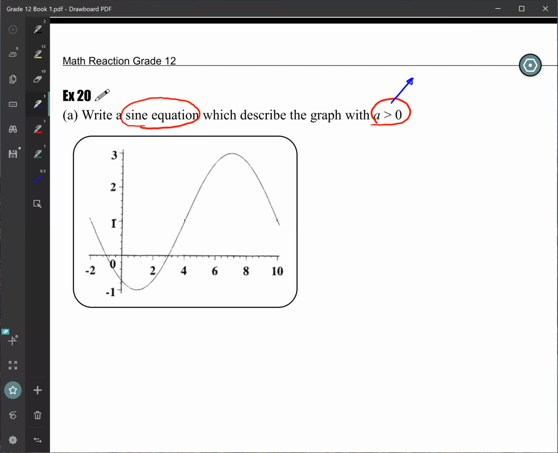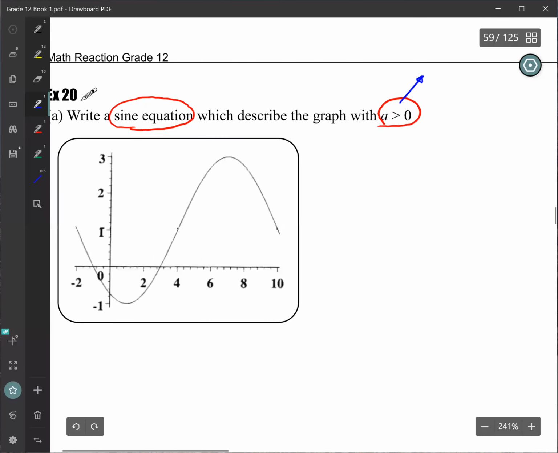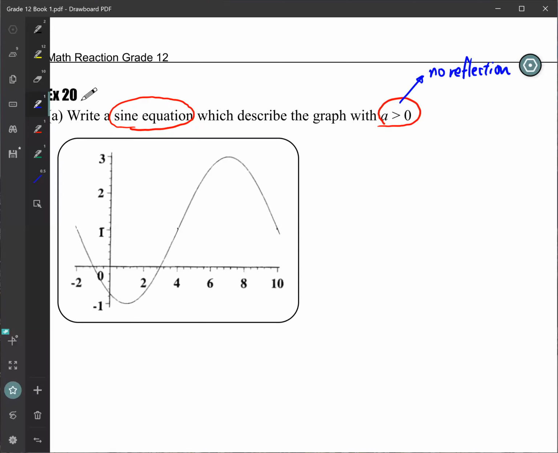Reflect over x-axis. Yes, okay, so if it's greater than 0, there is no reflection. So that's why it's telling you, right? Because A stays positive. Because A greater than 0, you could have expansion if it's bigger than 1. You could also have compression if it's between 0 and 1, right?